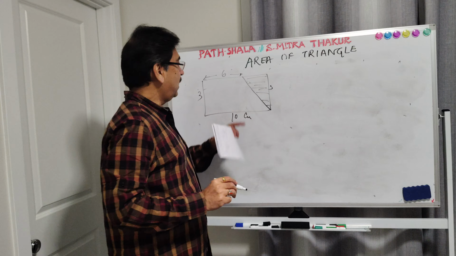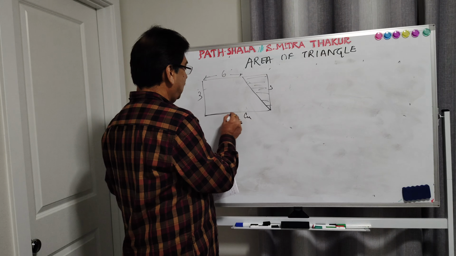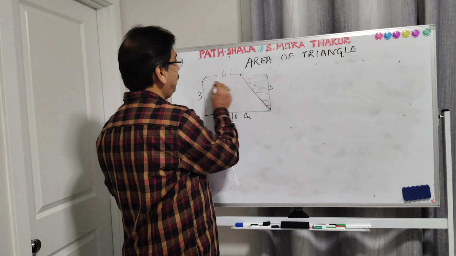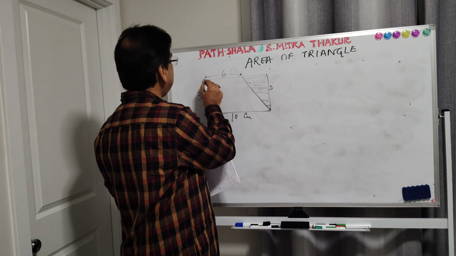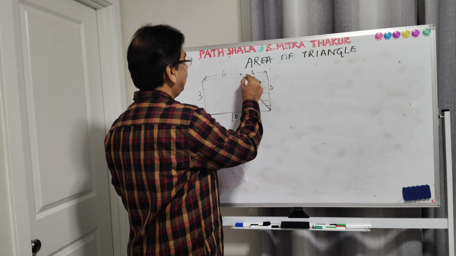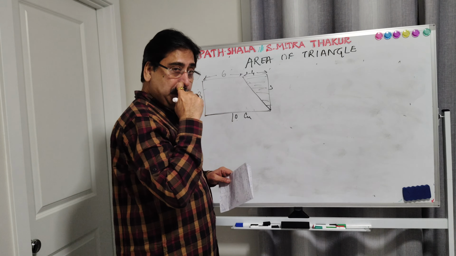In a rectangle, whatever the length, the opposite length will be the same. So if it is 10 centimeter, then it will be 10 centimeter. But here this point to this point is 6 centimeter, so the rest will be 4 centimeter. Then the total will be 10 centimeter.